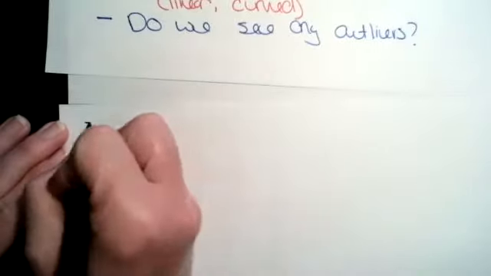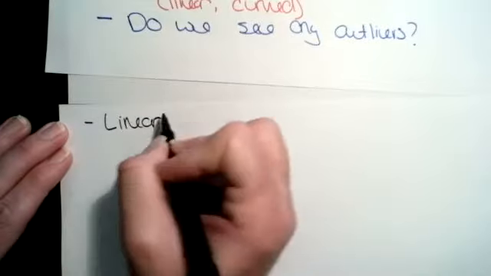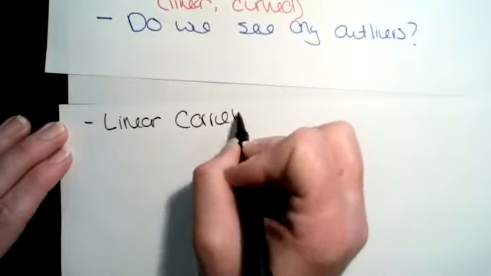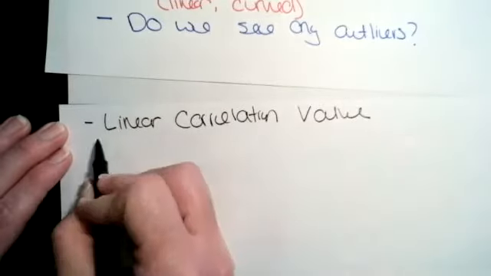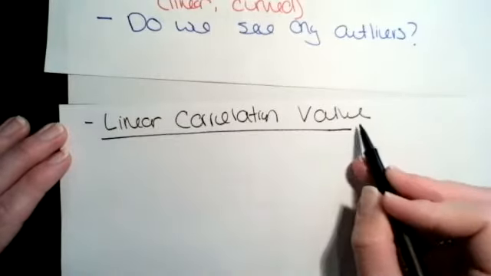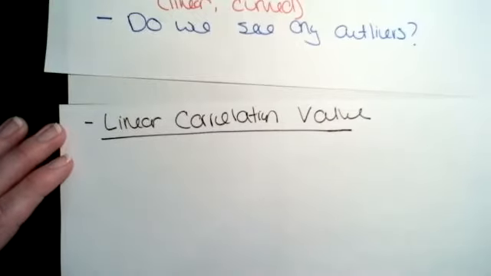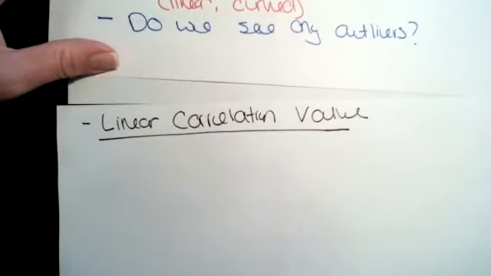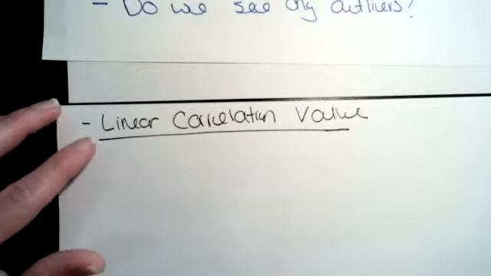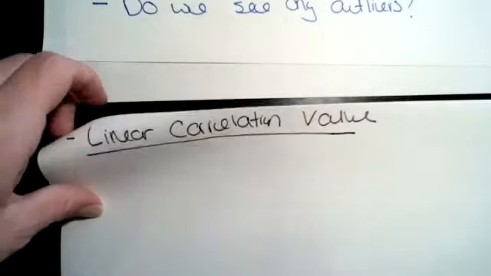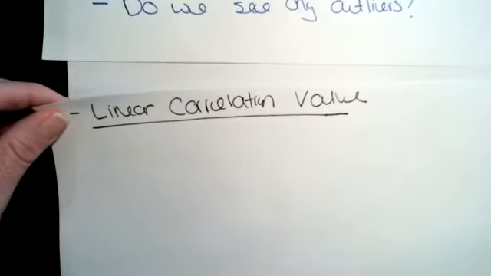And the value here is called the linear correlation value. Now, in your book, it may be called the linear correlation coefficient. The reason why I don't call it a coefficient is because we see coefficient pop up several times throughout the class, and then it starts getting confusing for some of us. So I just call it a value. Keep in mind your book may say linear correlation coefficient.